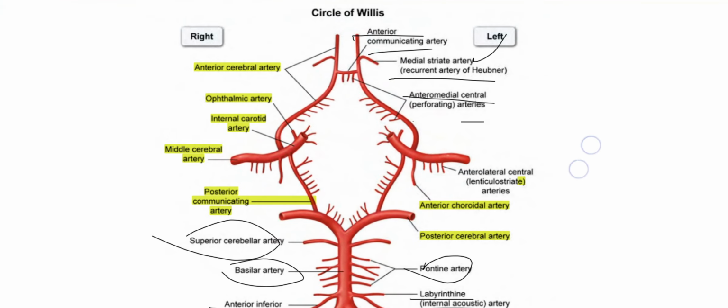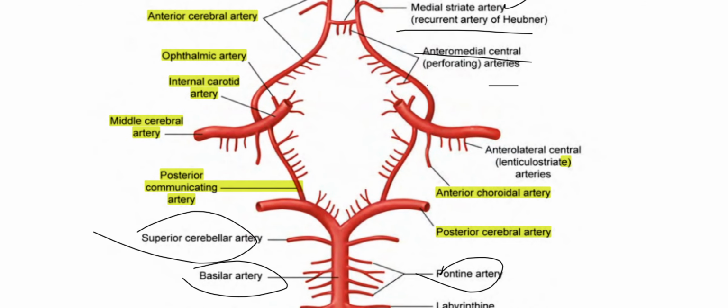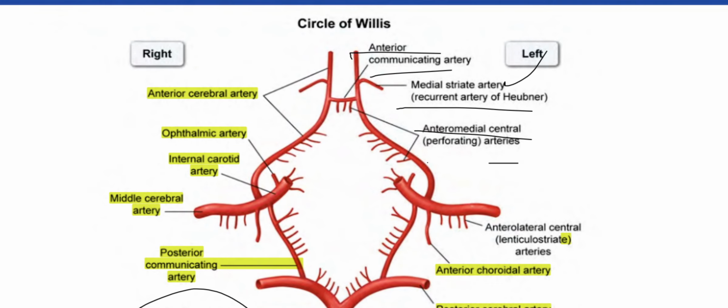This is important. This is called the circle of Willis. Let's say we have the middle cerebral artery, right? That comes from the internal carotid artery, which gives a branch to the middle cerebral artery. Then we have the anterior cerebral artery, and then the anterior communicating artery.